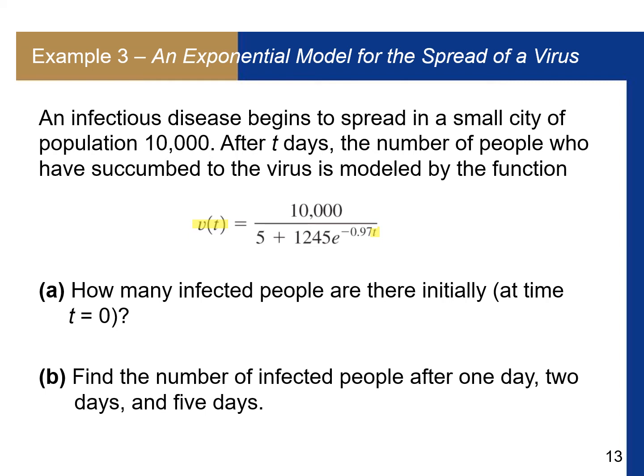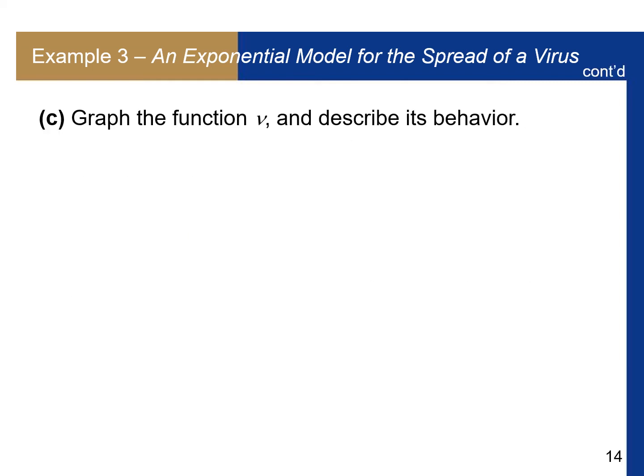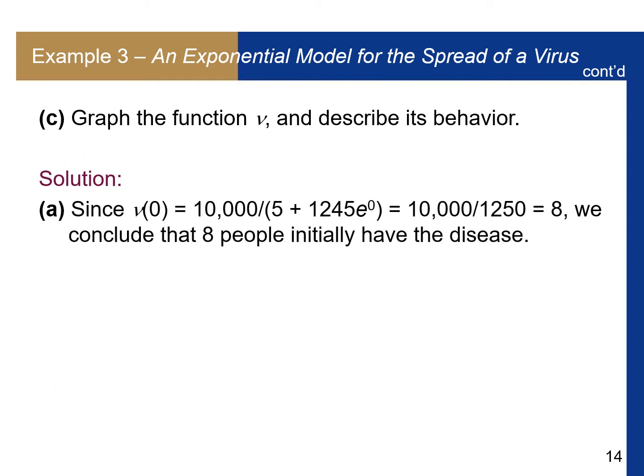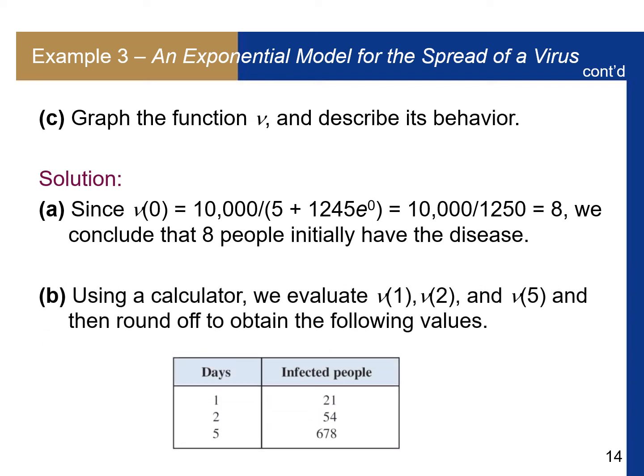All right, let's take a look. And then we want to look at the graph. As I said, you're going to put 0 in for the value of t, and you will get 8. And so we conclude that 8 people initially had the disease. If we look at 1, 2, and 5, we can round off the following infected people: 21, 54, and 68.